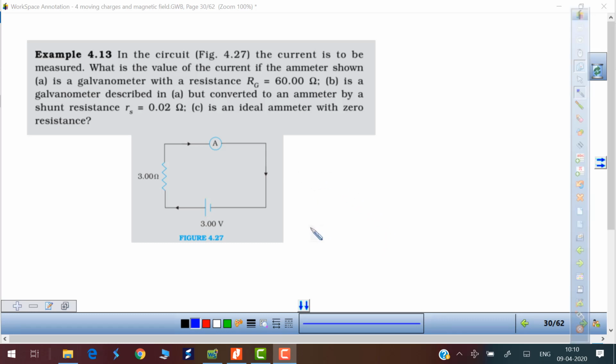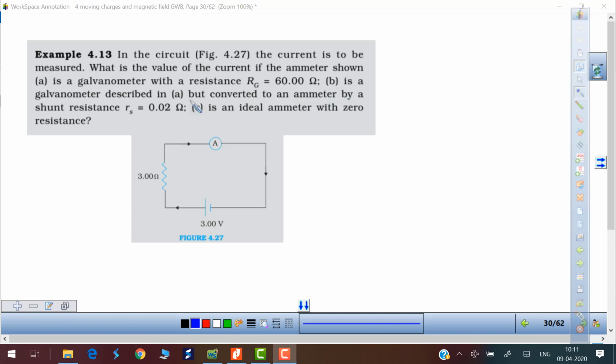So we left this illustration in last lecture. We finished first this. In this circuit, what is the value of the current if the ammeter shown is a galvanometer with resistance 60 ohm?